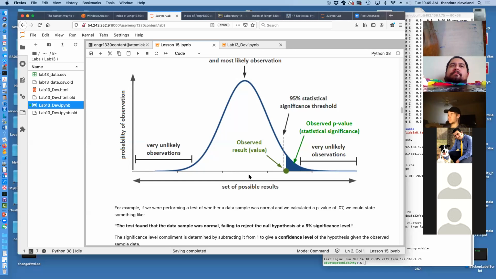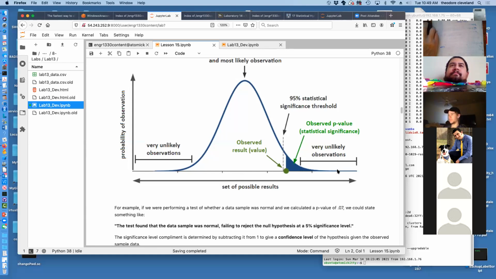It's quite obvious from this drawing that those are very likely to be observed, and so we would state that the null hypothesis that they're from this distribution is supported. But if we got one observation here, a second one here, and one out here, that's not impossible, but that's quite a bit less likely than to get 3 somewhere in the middle.